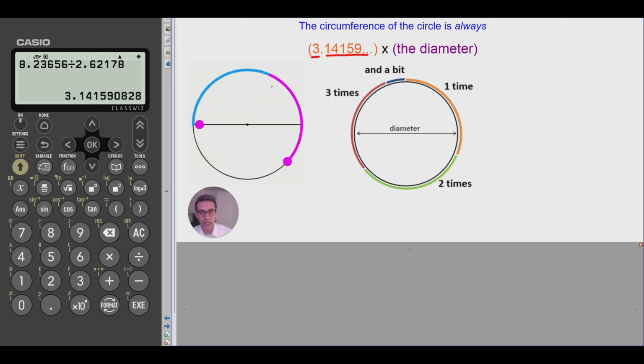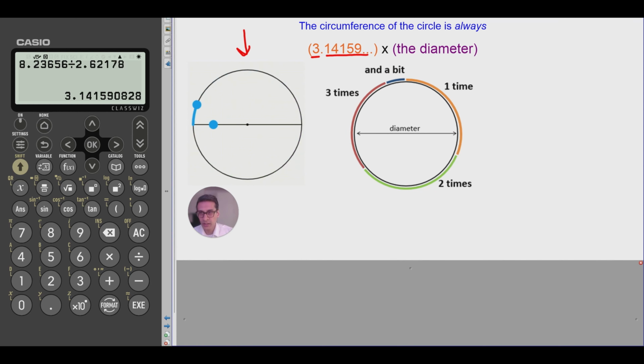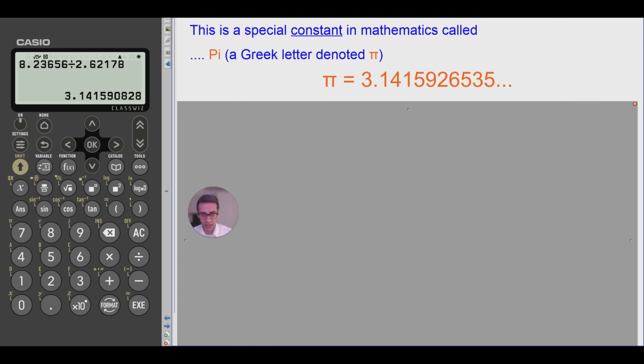This animation on the left is actually quite nice because it color codes the diameter as it's being wrapped around. So that distance, it's measuring it out. So this does have a name. It's called pi. We normally write it like this with a little flick on the right one. The font on the computer just changes it sometimes to look like that.